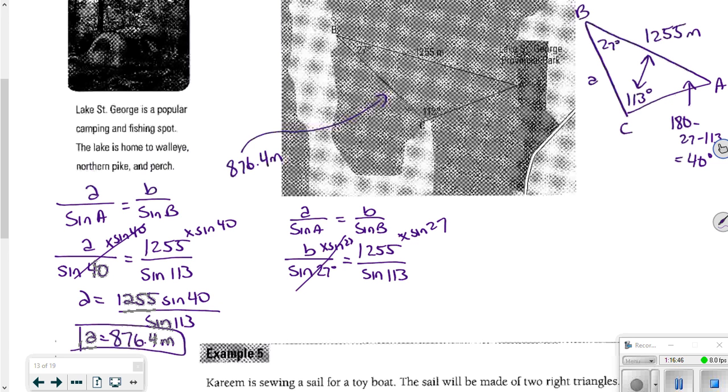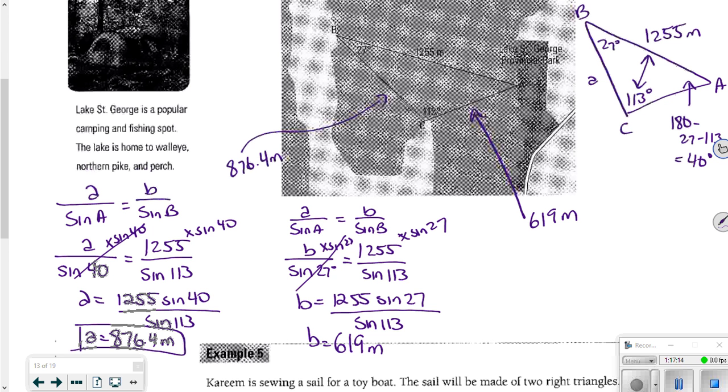Makes those cancel. Side B is 1255 times sine of 27 divided by sine of 113, which means side B equals 619 meters. So this side right here, 619 meters.